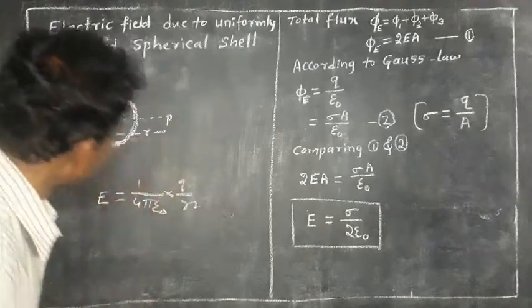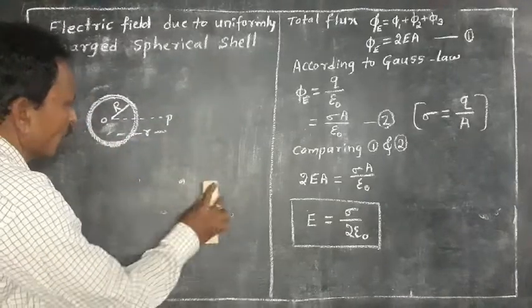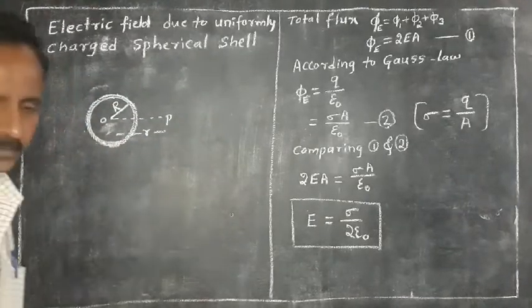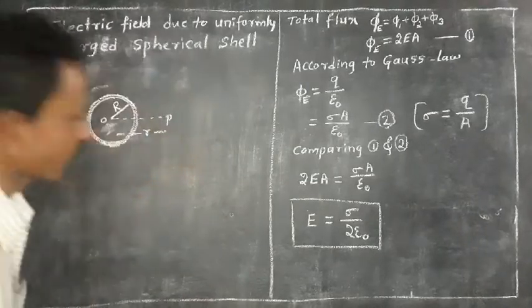In case of charge distribution, we use Gauss law to obtain electric intensity.